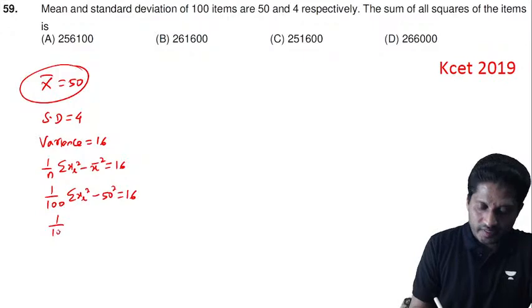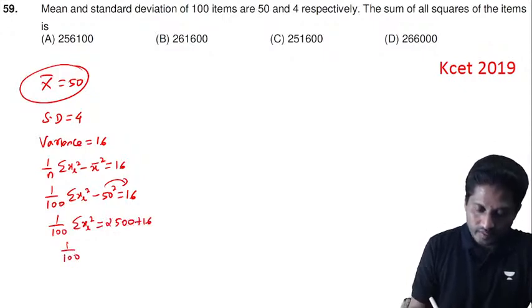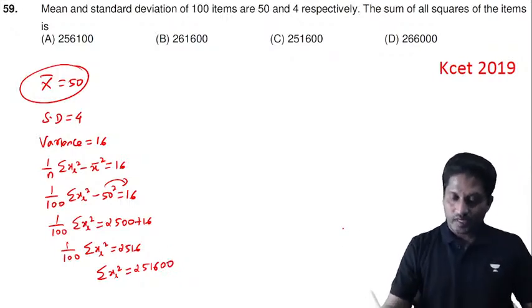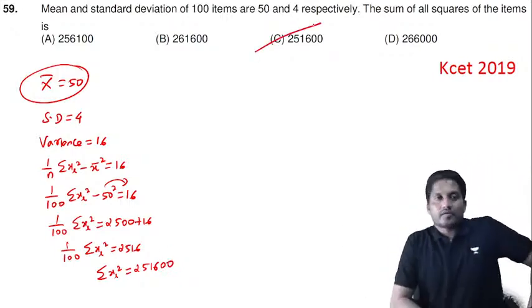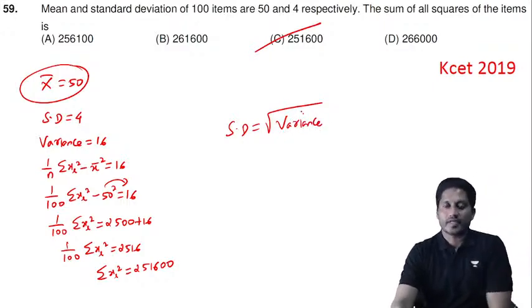So 1 by 100 into summation xi square is equal to, shifting to the right side, 50 square is 2500 plus 16, which is 2516. Now if I cross multiply, this is 251600. Answer is option C. Standard deviation is equal to root of variance, that's why if standard deviation is 4, variance should be equal to 16.